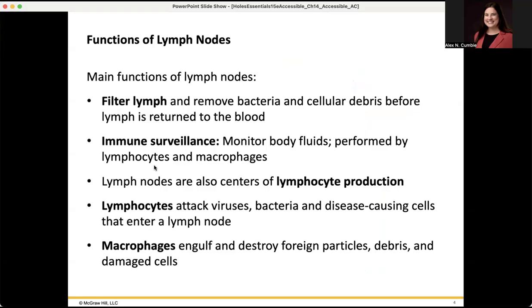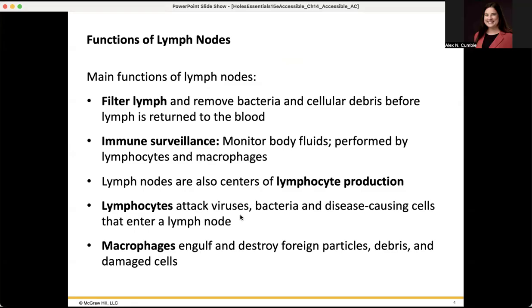They start producing lymphocytes and macrophages. Remember, these are our agranulocytes. Lymphocytes are T cells and B cells, which we'll talk about. Macrophages are what white blood cells, those monocytes, become when they enter tissue. So those lymph nodes are going to be kind of the center of lymphocyte production, making lots of those T cells and B cells.